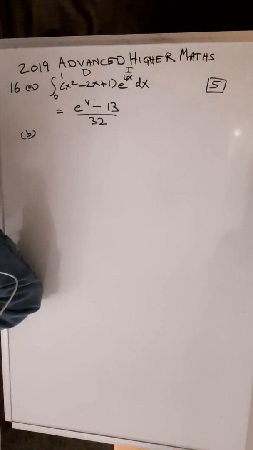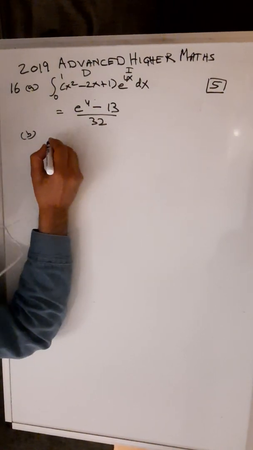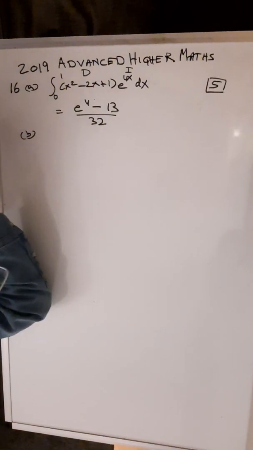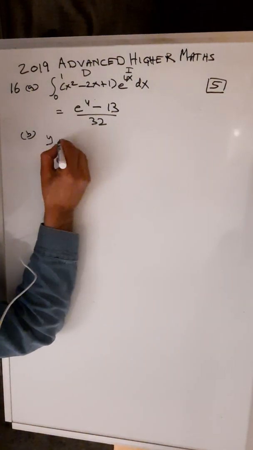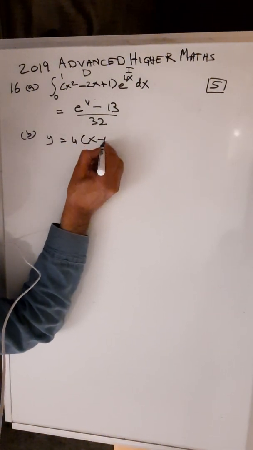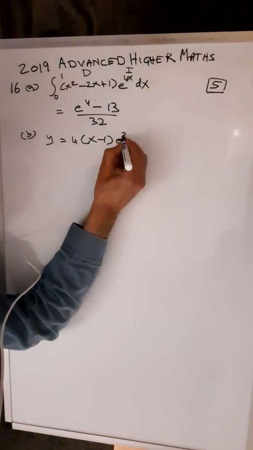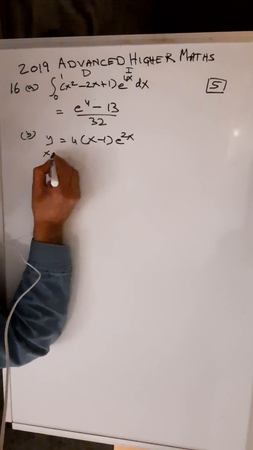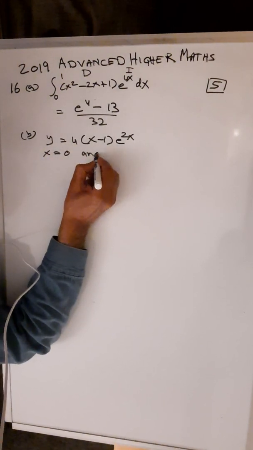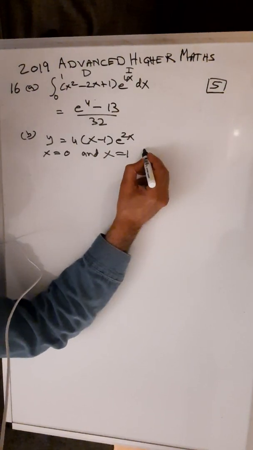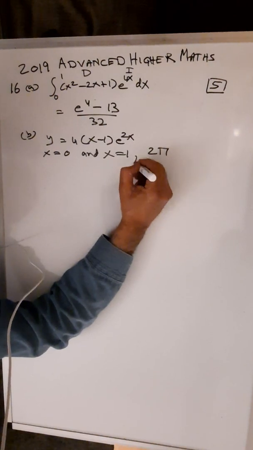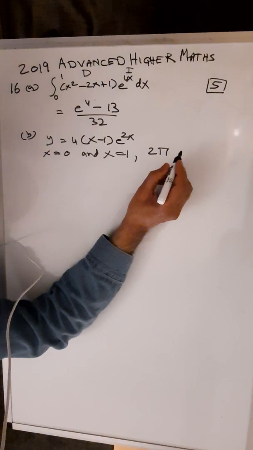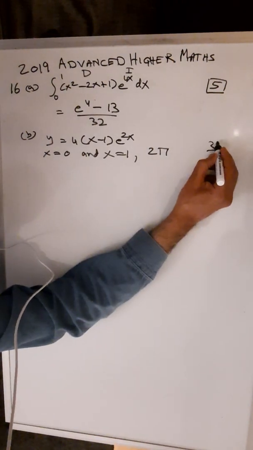A solid is formed by rotating the curve with equation y is equal to 4 times x minus 1, e to the 2x, between x equals 0 and x equals 1, through 2 pi radians about the x-axis. Find the exact volume of the solid formed. So this is for 3 marks.